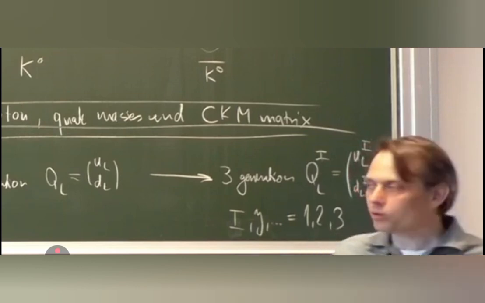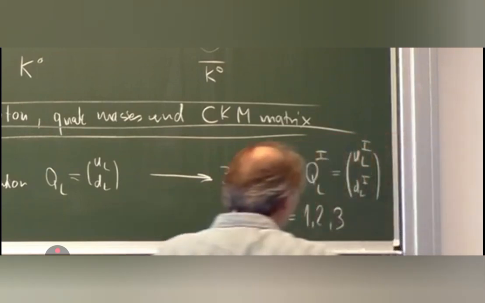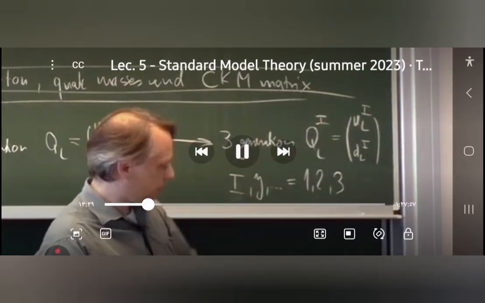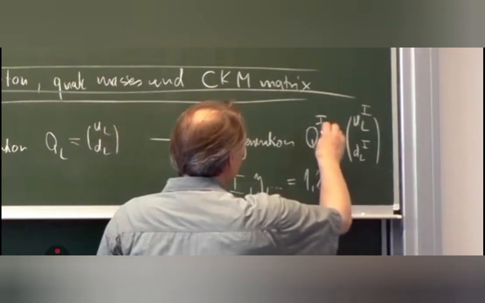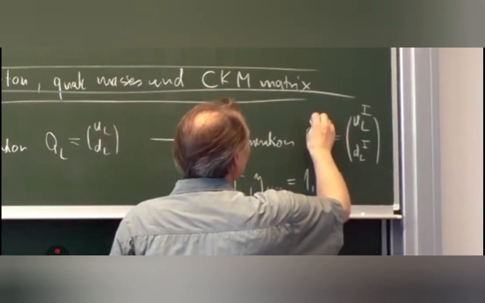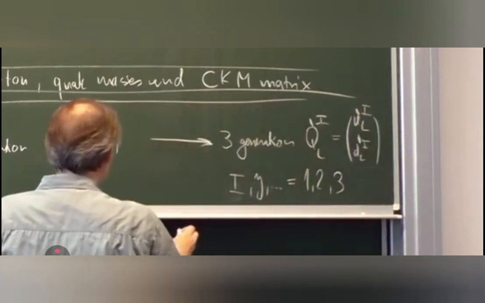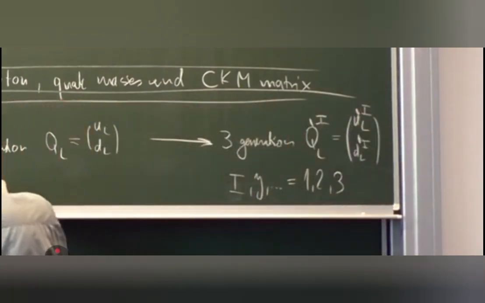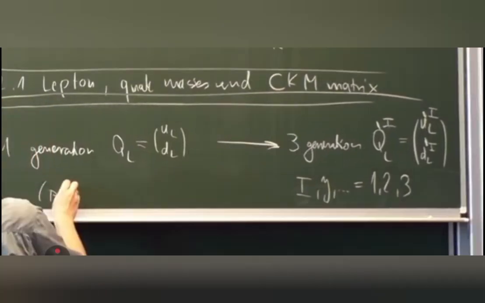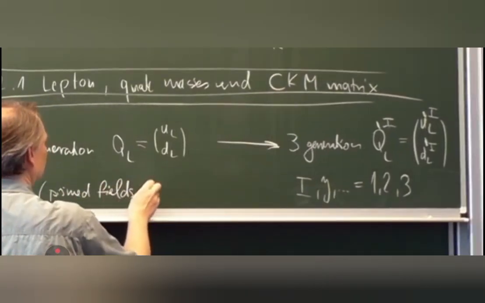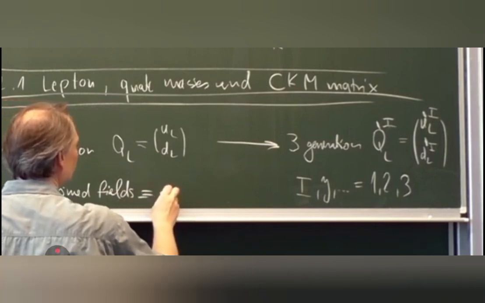We will see what that means, but first of all, in the notation, let us start with a notation which has a prime here. Prime, prime, prime, and the prime fields stand for flavor eigenstates.